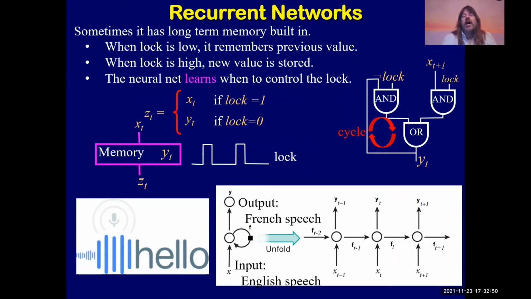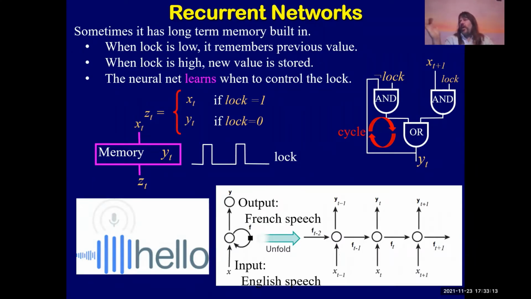Anyway, how does that relate to what we're doing here? Well, everything is learned by weights, but the weights could dictate, hey, if this kind of thing is happening, then I want to open the lock and store some bit of information.